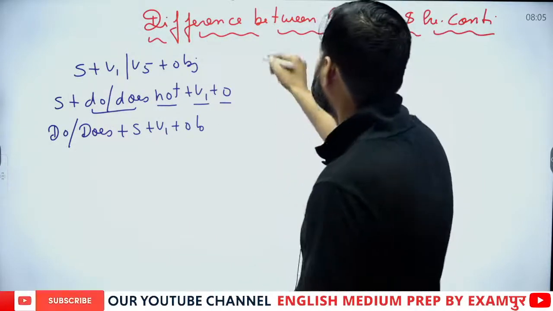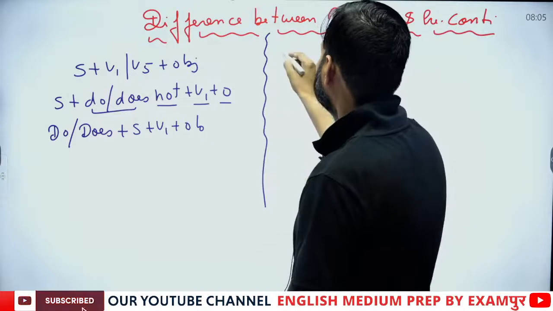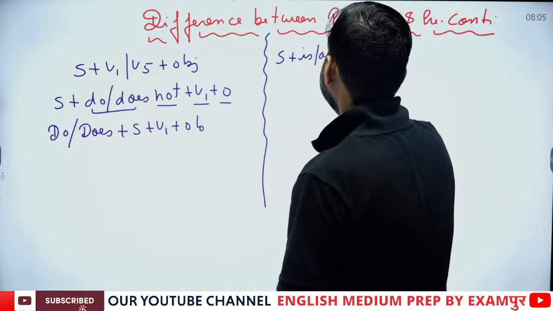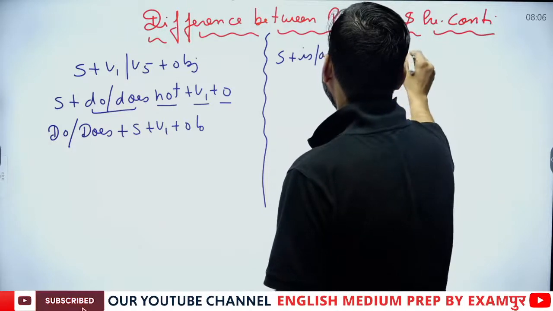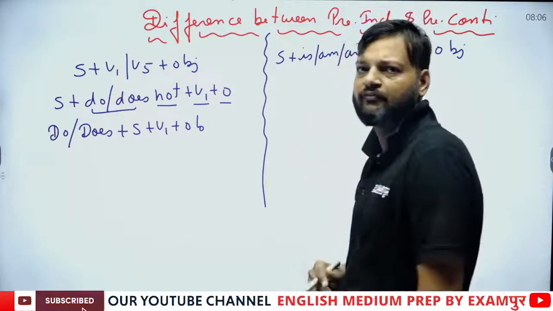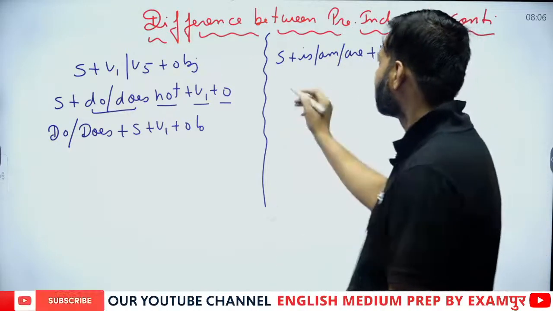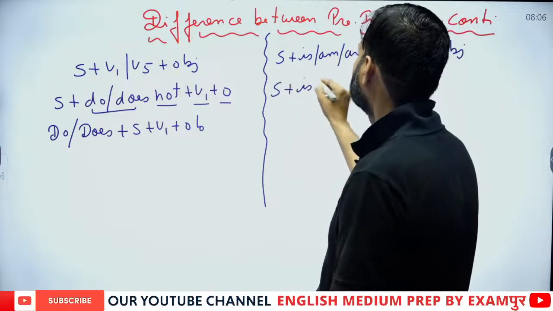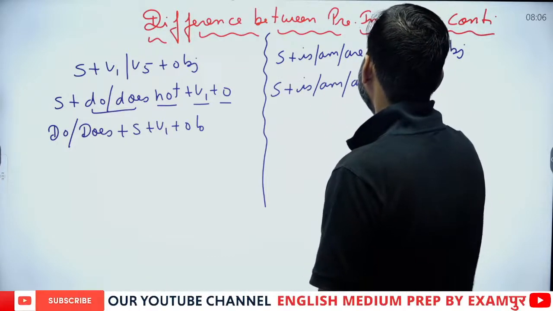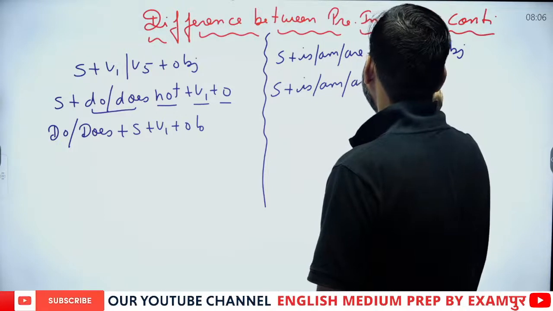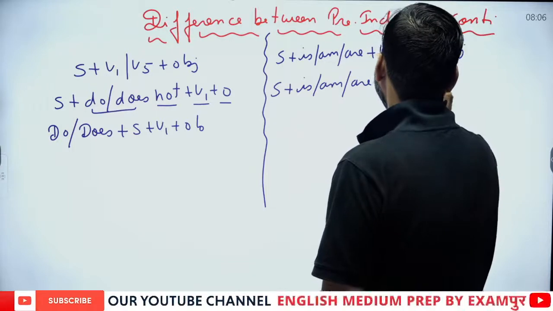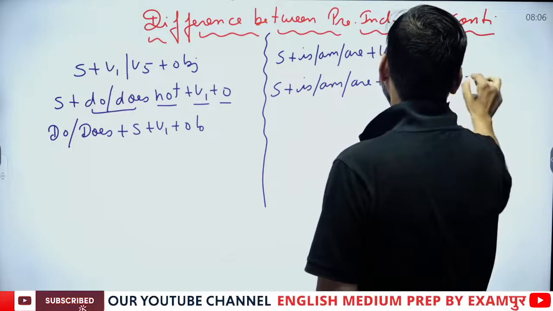Let's take the structure of present continuous. Subject, is/am/are, verb plus ing, and object. This is the structure of present continuous tense. Okay, subject, is/am/are, not, and verb plus ing and object.